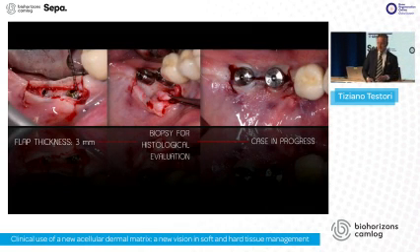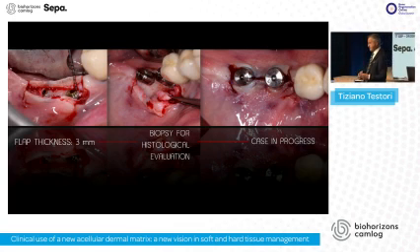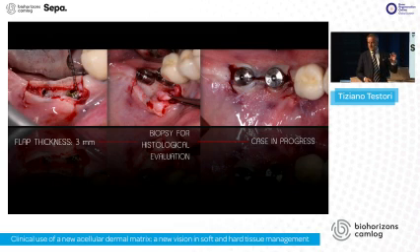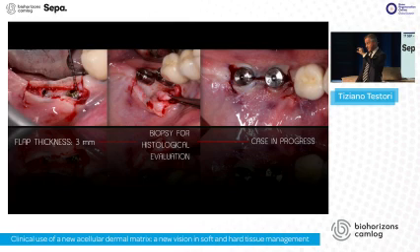We open for re-entry, and you can appreciate the thickness starting from 1 millimeter, how much tissue we have created on top of the implants in order to achieve that magical number of 2 to 3 millimeters of mucosal channel that you have for hard tissue preservation, hard tissue stability.